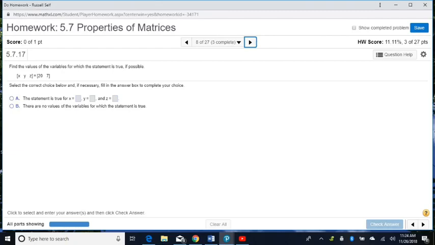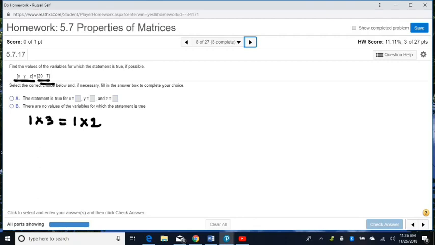Here, find the values of the variables for which the statement is true if it's possible. Okay? And if you look at this, you'll see that the values here, x, y, z, there are 3 of them. But here, when you look at this one, there are only 2. So this one has 1 row and 3 columns. The second one has 1 row and 2 columns, right?